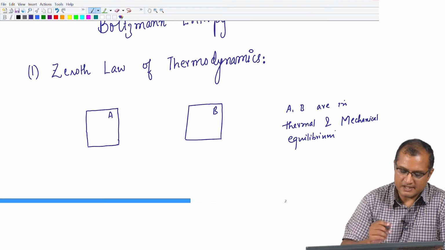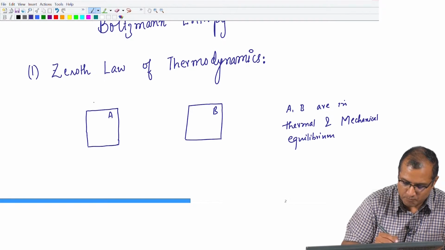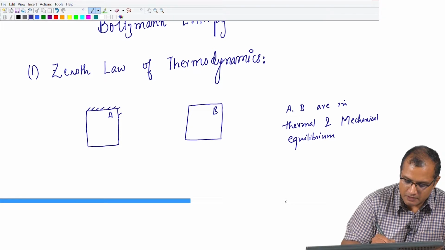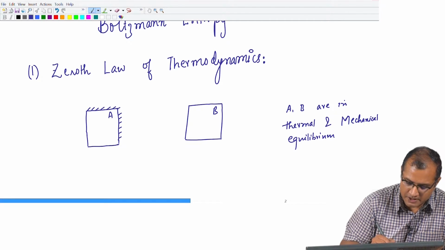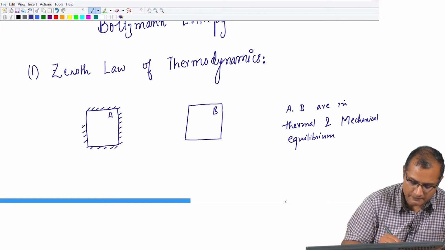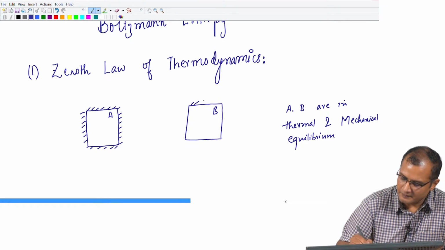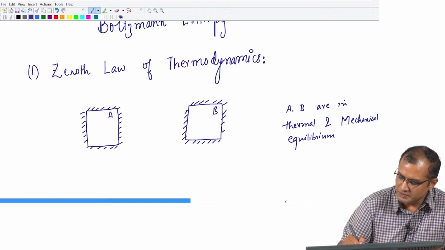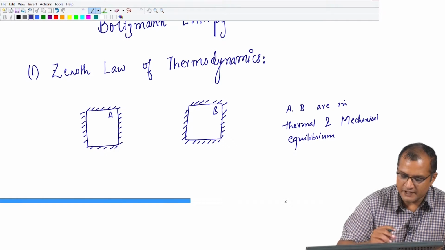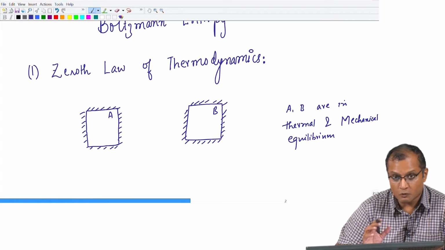Now, the meaning of this is that these systems are thermally isolated, which means there is absolutely no exchange of heat with the surroundings, and you have fixed walls that cannot move.